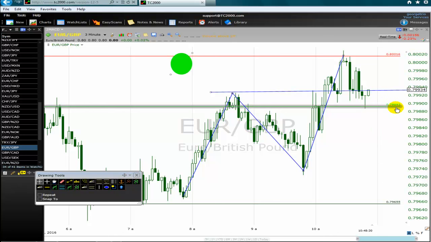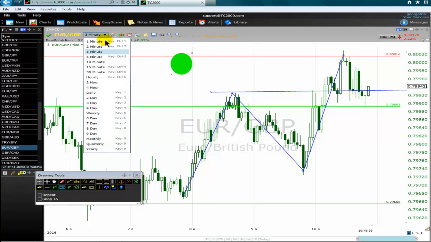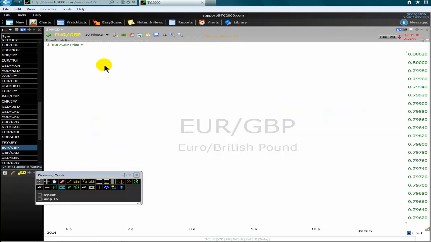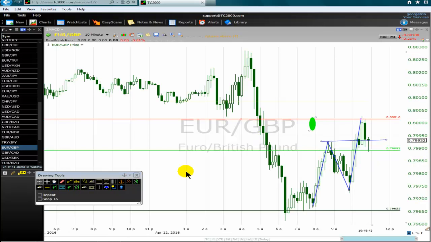Well, 7989. I'll set my stop loss 20 pips or something like that. Let's go to the 10-minute time frame. Okay, I will use 21 pips. Okay, 21 pips for this trade.